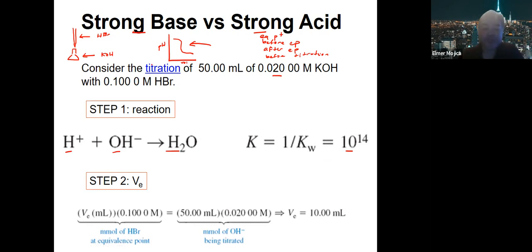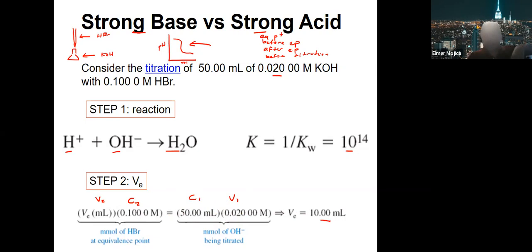This is just a simple C1V1 equals C2V2. So 50 times 0.020 divided by 0.1 gives you 10 ml. What does it tell us? Less than 10 ml is before the equivalence point. After 10 ml, this is after the equivalence point.